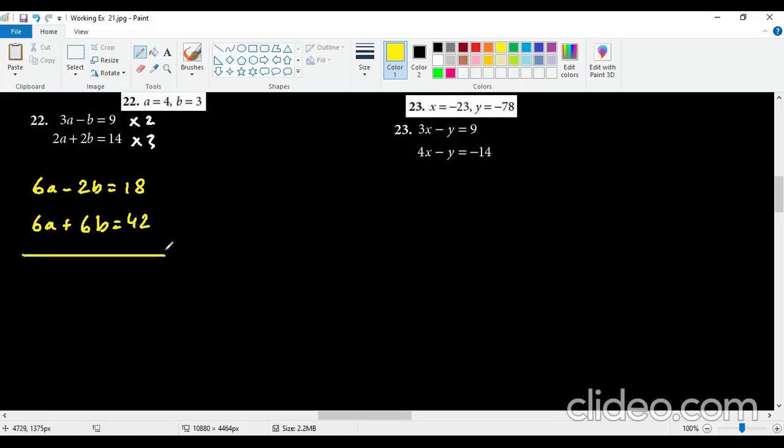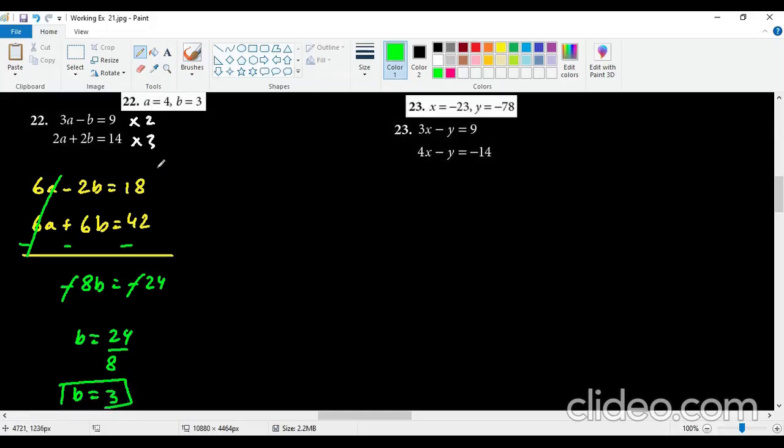Subtracting the first equation from the second one, the pen color makes it easy. These two are cancelled, and minus 2b and minus 6b is going to give us minus 8b, and 18 minus 42 is going to give us negative 24. So minus and minus cancels, b equals 24 over 8, so b is equal to 3.